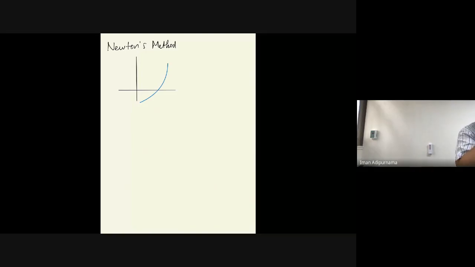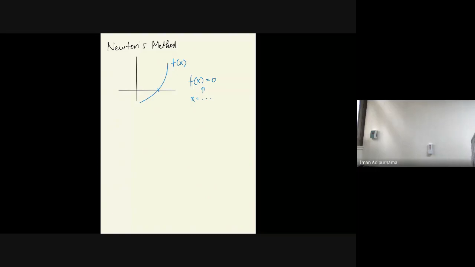Let's say I have this function f(x). This function is crossing the x-axis, right? It has at least one root. Let's say when f(x) is 0, we can find the root, right? We can find the x.